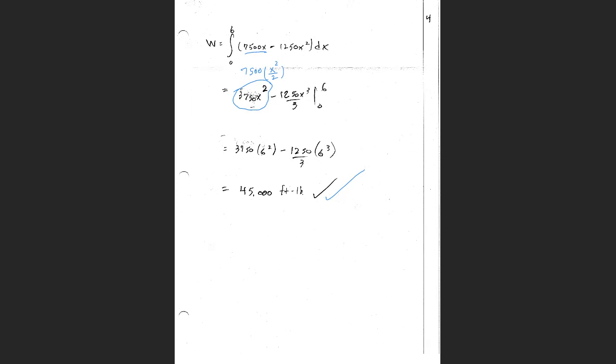And 7,500 divided by 2, that's right, Sandia, is 3,750. So we put in the 6 and the 0 and work it out. Sandia, you're okay with that? Excellent, excellent.